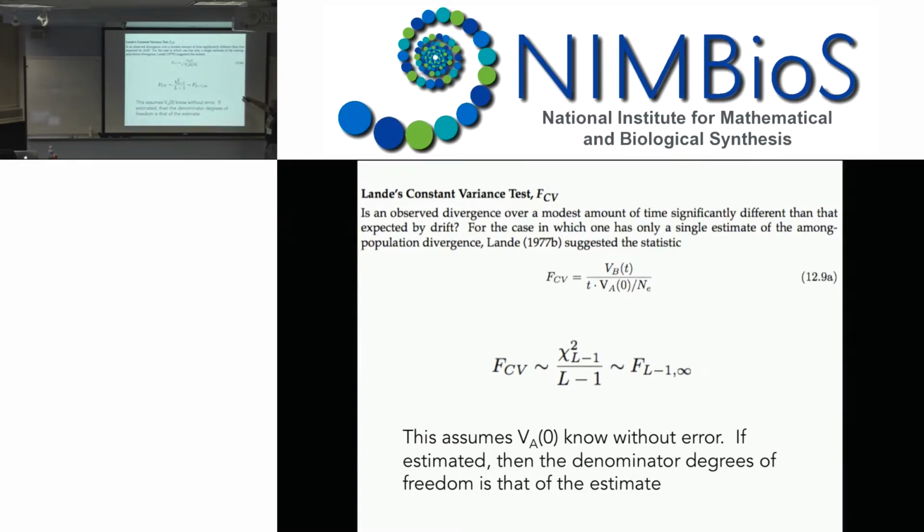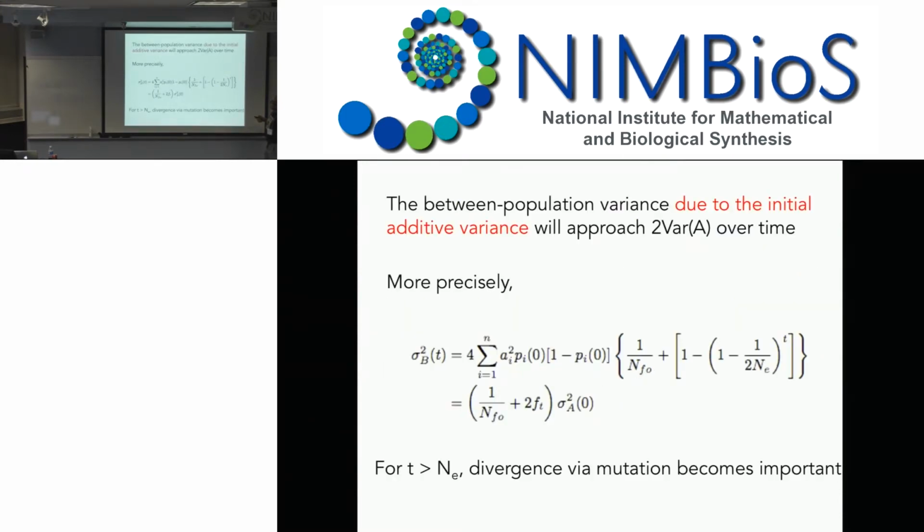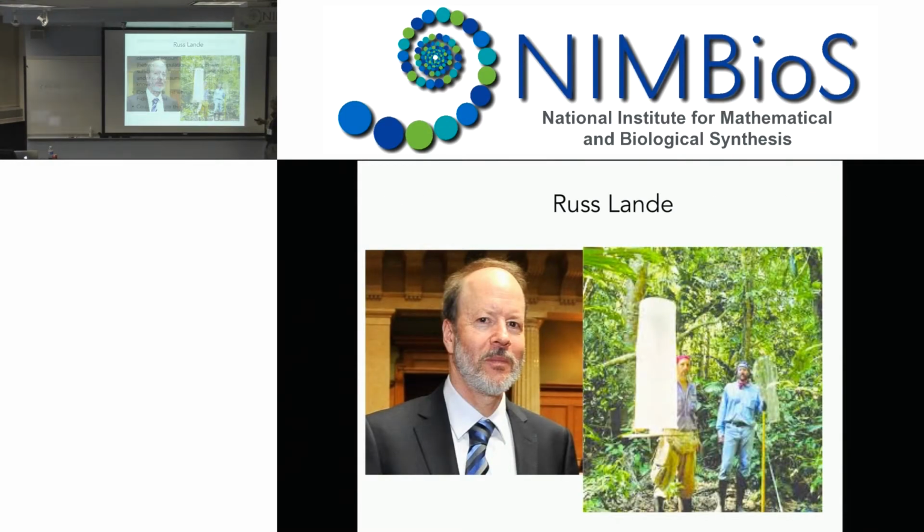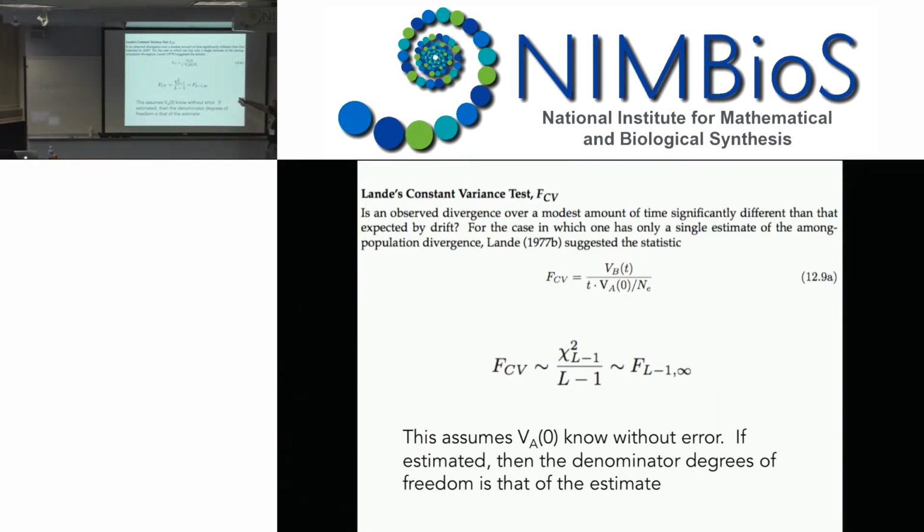Down here, that's the expected divergence. So if I take that between line divergence and equate it to this expression and ignore the initial sampling, I get this. That's the expected amount of divergence at time t, given the initial added variation and given my effective population size, and that's the actual observed amount of divergence.